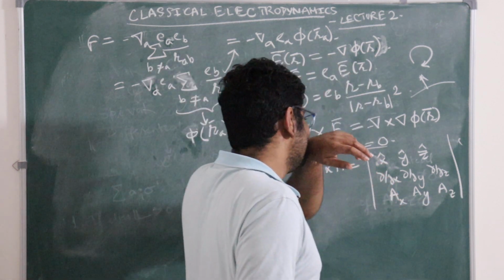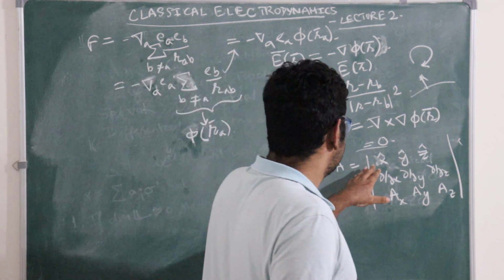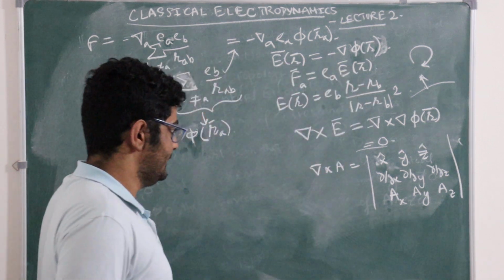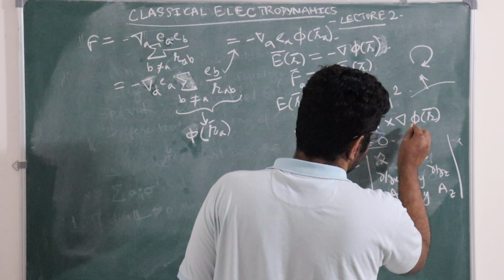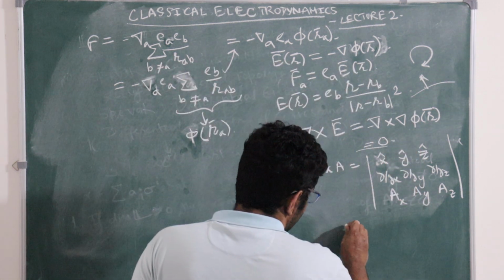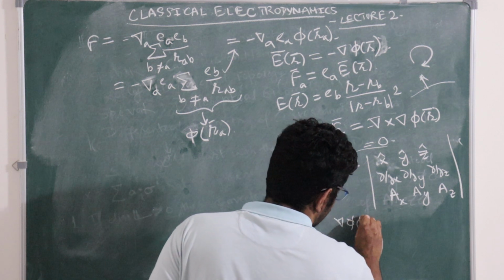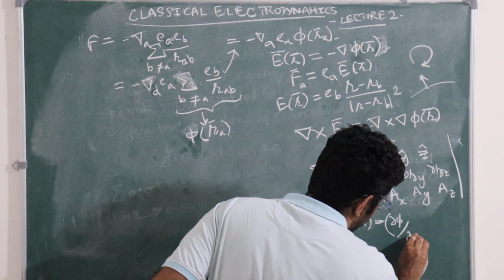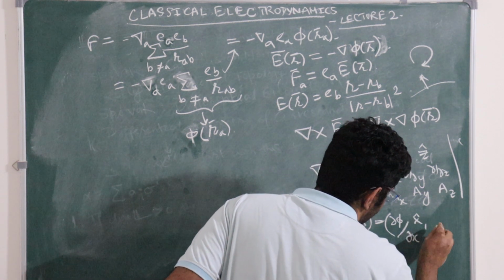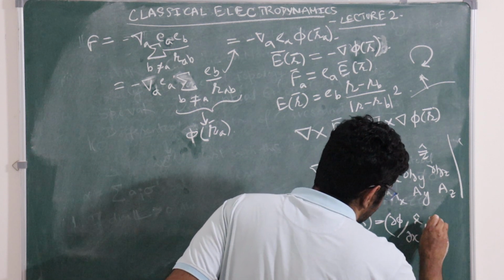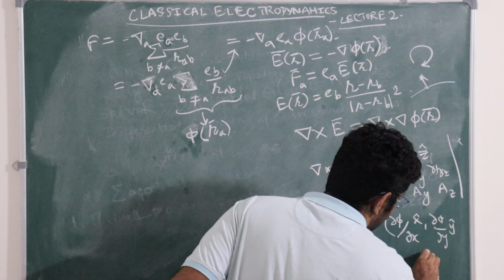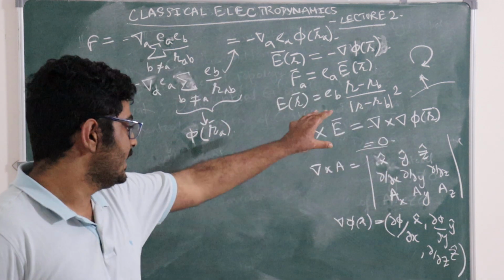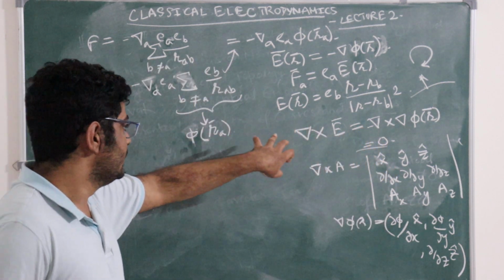So this is the curl, and if you calculate the curl of the gradient, and the gradient is a vector, it has components, in Cartesian coordinates, partial phi partial x, x cap, partial phi partial y, y cap, and partial phi partial z, z cap. So you can calculate the curl to be 0.